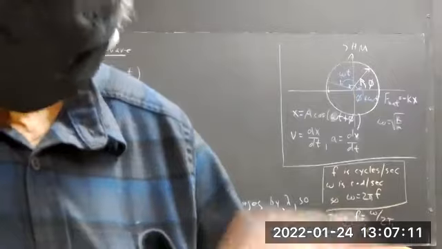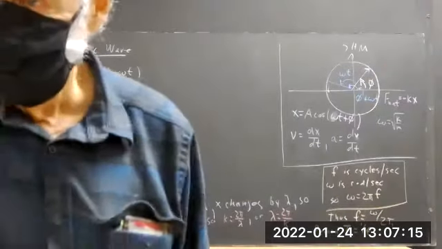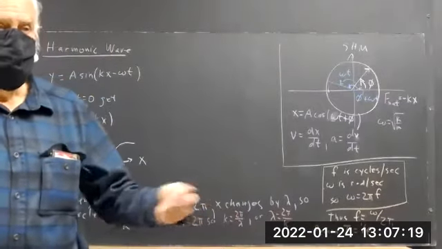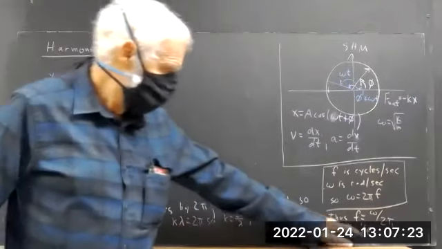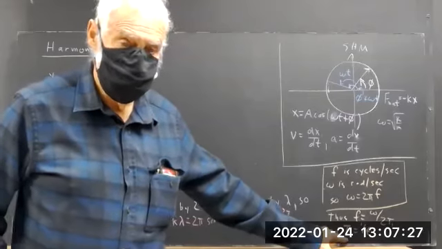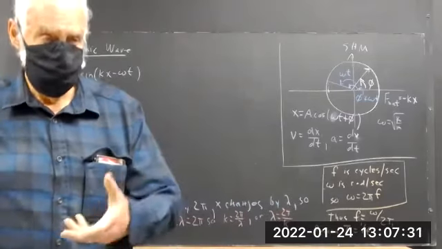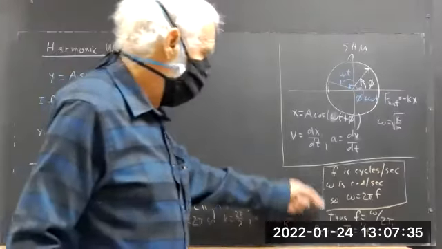Here's how long it takes to get around that circle, or how long it takes to complete an oscillation. The frequency of the oscillation is just the reciprocal of the period. If the period's a tenth of a second, then you have 10 cycles per second. That's obvious. These are obvious relationships.